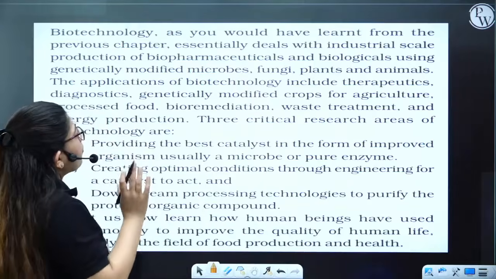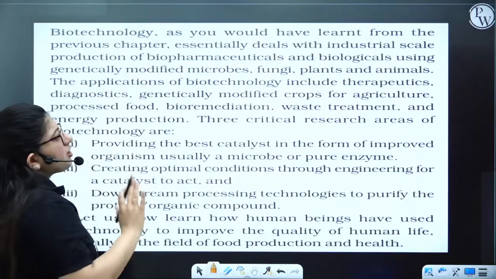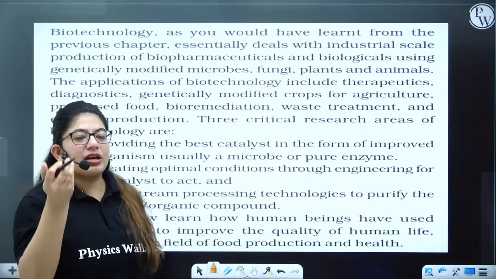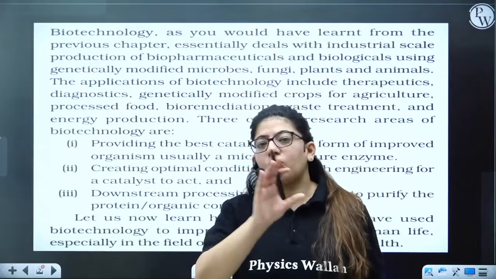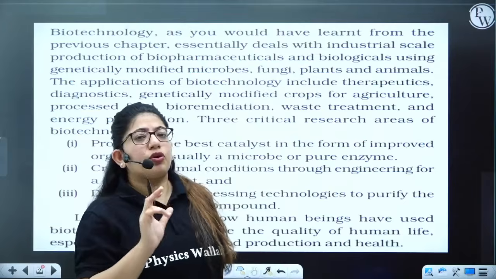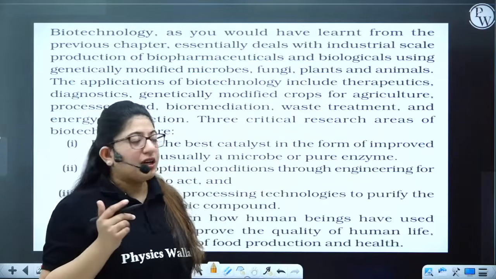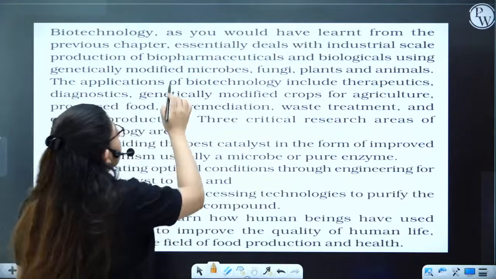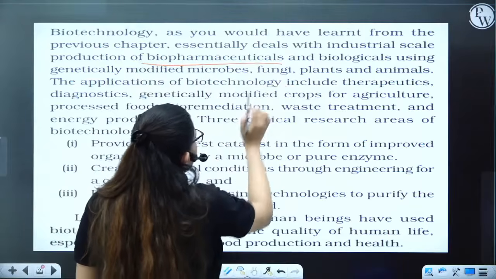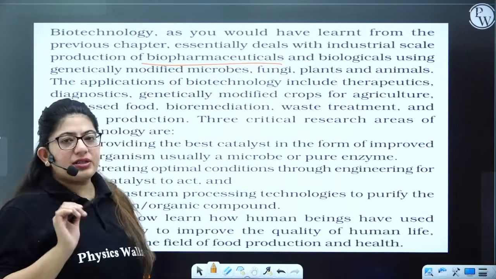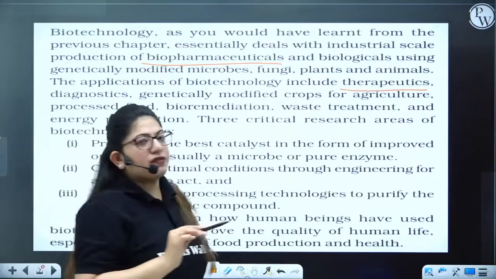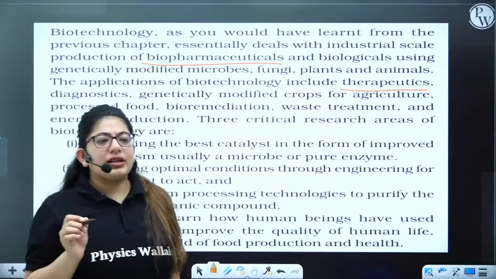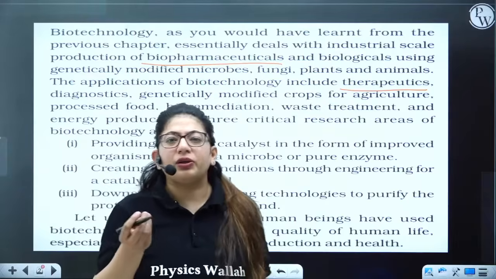All right. So if I'm talking about biotechnology, in the previous chapter we have seen how, at a larger scale, you can produce products. Now, what are those products? As I've told you, there we were producing insulin. Whenever we are talking about biopharmaceuticals, there are two things: one is pharmaceuticals, another is therapeutics. What's the difference? A pharmaceutical is like your tablet that you eat when you get sick.